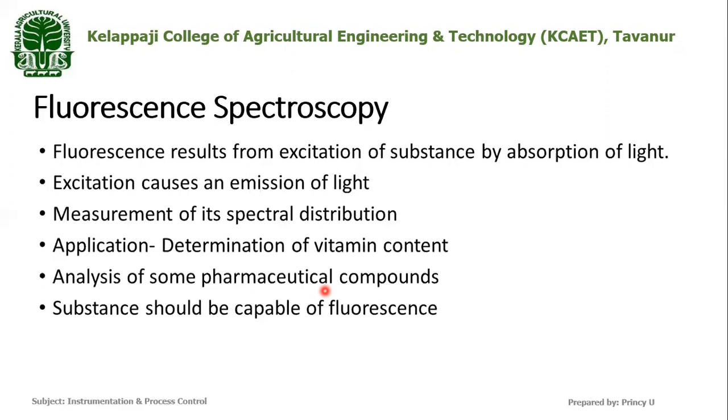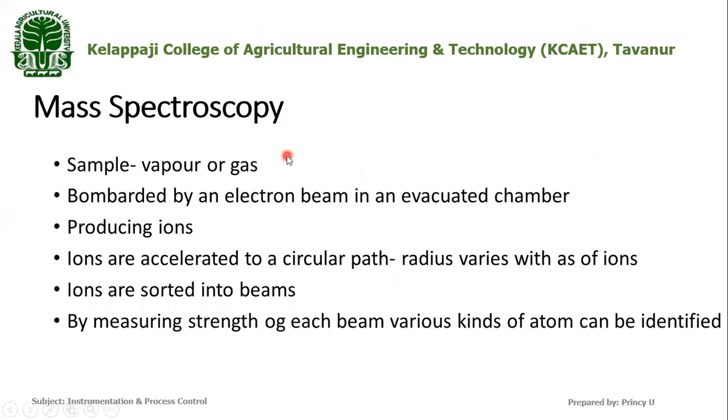So we use fluorescent spectroscopy for this type of analysis. So it will not change the chemical properties of that material. And of course, it is necessary that the substance being analyzed should be capable of producing fluorescence or photoluminescence. This type of spectroscopical analysis can be used only for such materials.